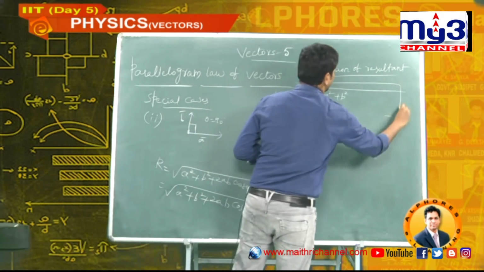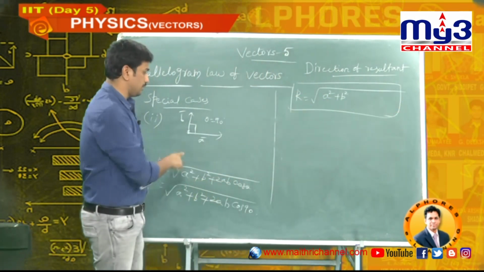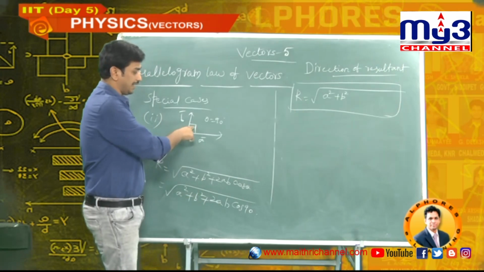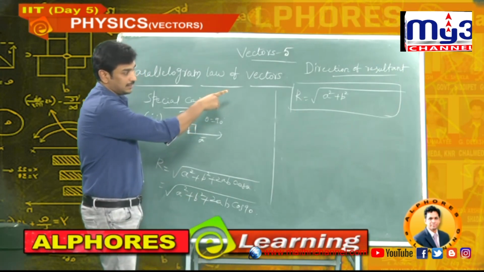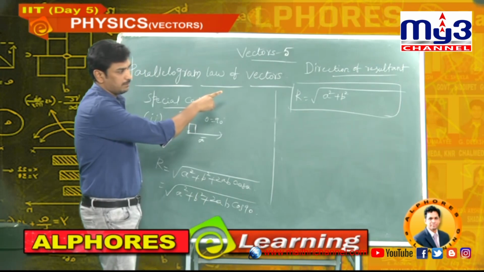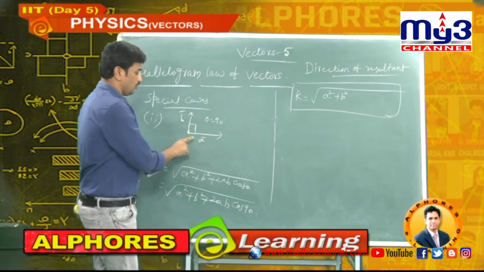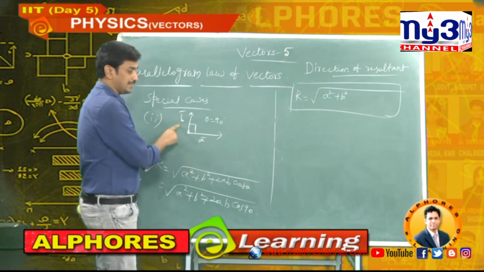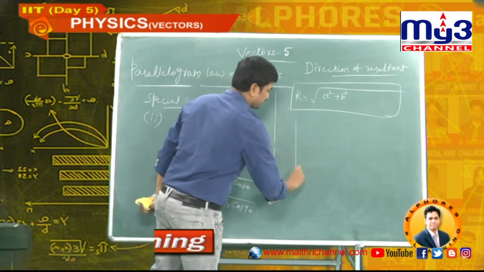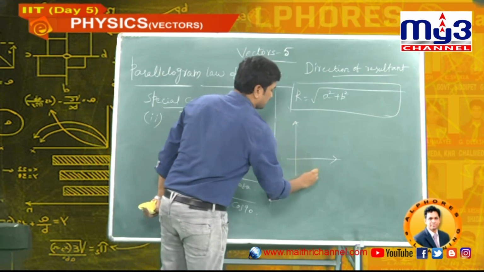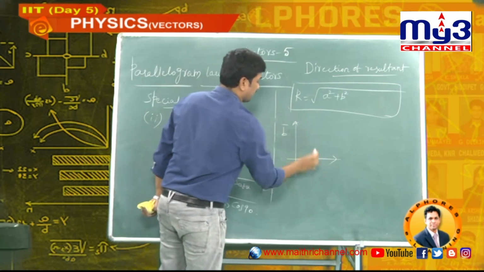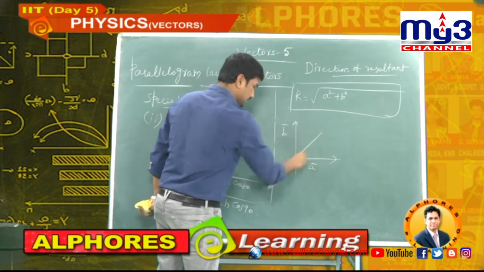Now, two vectors A bar and B bar having angle 90 degrees. Now the magnitude of the resultant of A bar and B bar is under root of A square plus B square. And one more, where is the location of resultant vector? A bar, B bar, it's the resultant.